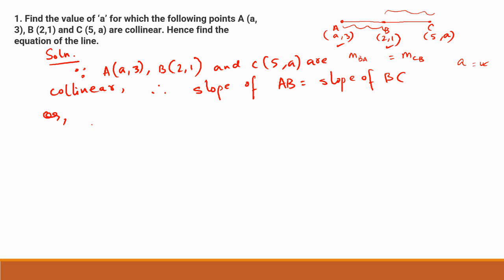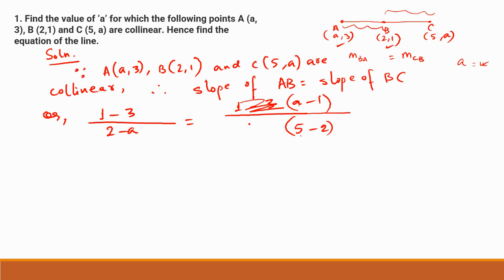Or slope of AB, what you can find slope of AB? 1 minus 3 by 2 minus a equals 1 minus 3 divided by, oh sorry, this is slope of AB I wrote, now slope of BC. a minus 1 divided by 5 minus 2, or minus 2 divided by 2 minus a equals a minus 1 divided by 3, right?